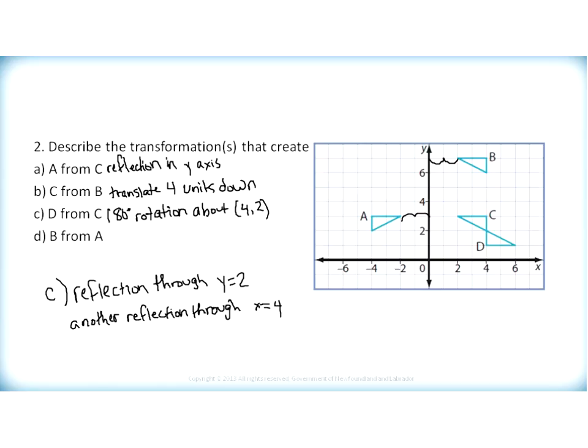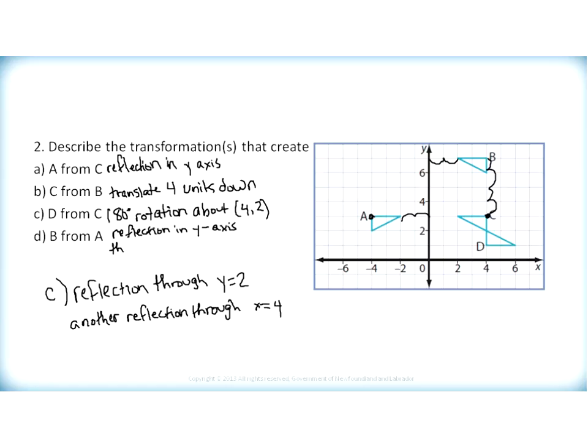So I see a reflection in the y-axis. But then we also have to go up. This point right here would end up basically looking just like C. And to get from C to B, I'd have to go up 1, 2, 3, 4 units.